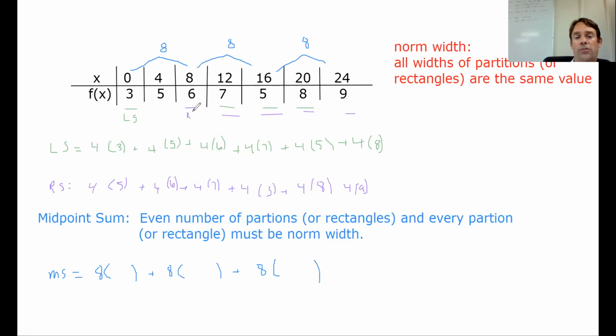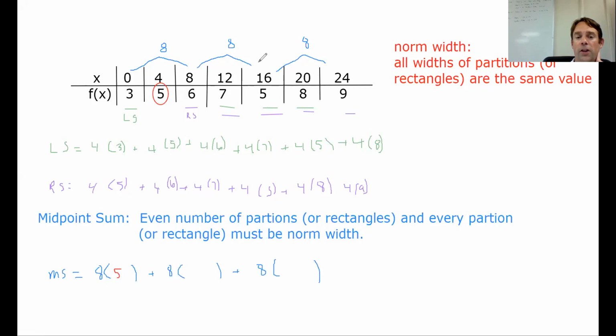And by skipping one, we created a number in the middle that would have been my middle partition. So this right here ends up becoming my midpoint sum, my mid-value sum that I would use. So by skipping a value, I created a way for me to have a midpoint sum.